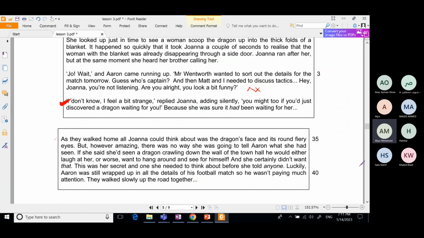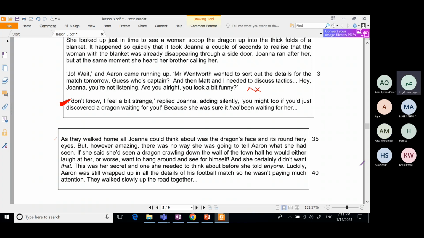And she certainly didn't want that. This was her secret and one she needed to think about before she told anyone. Luckily, Aaron was still wrapped up in all the details of his football match, and he wasn't paying much attention. They walked slowly up the road together.